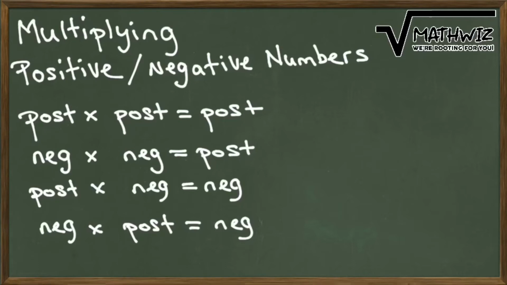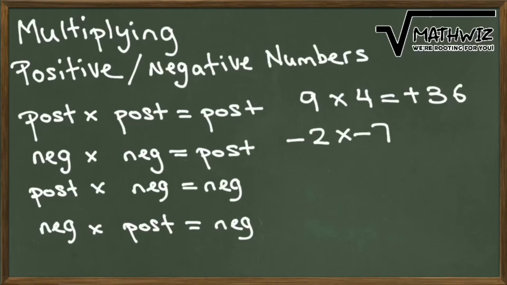So again, you could have something like 9 times 4, right? That would give you, so you would go ahead, you would write the 36, and it's a positive times a positive, so you know your final answer is positive. Let us say we have minus 2 times minus 7, or negative 2 times negative 7.